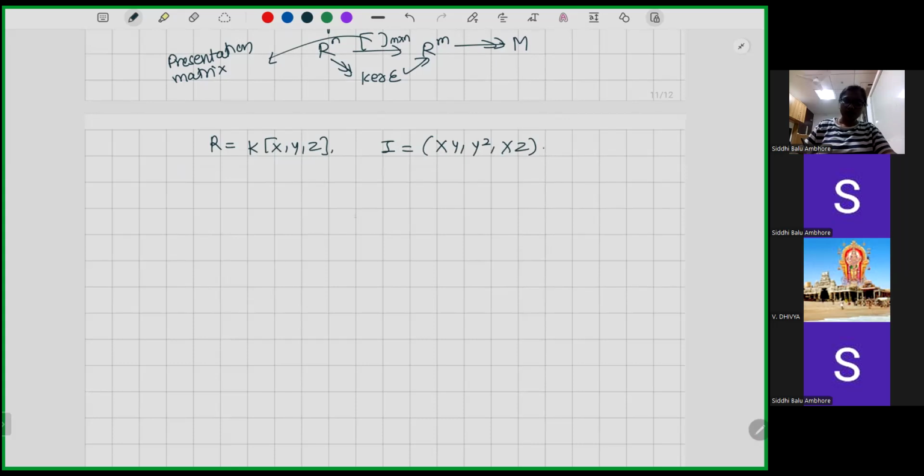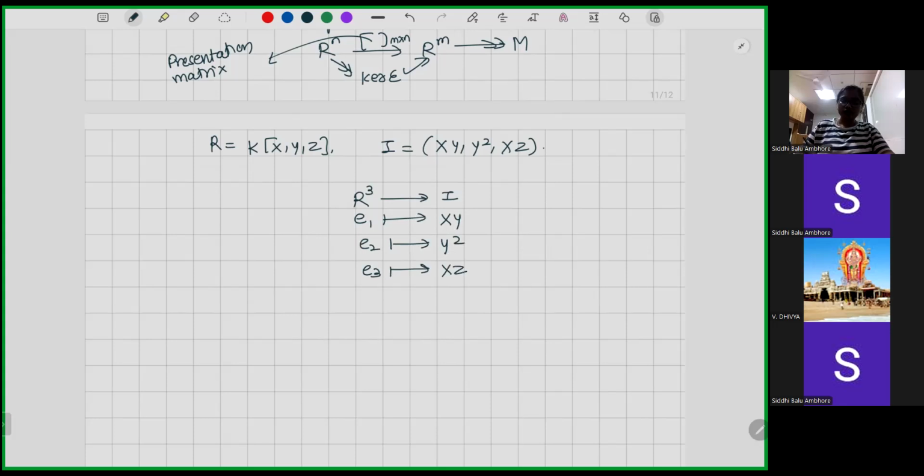Now since I has these three generators, I have this surjective map from R^3 to I. When I write R^3, it is just three copies of R. If I denote the generators E1 to E3, then E1 I'm sending to xy, E2 I'm sending to y square, and E3 I'm sending to xz.